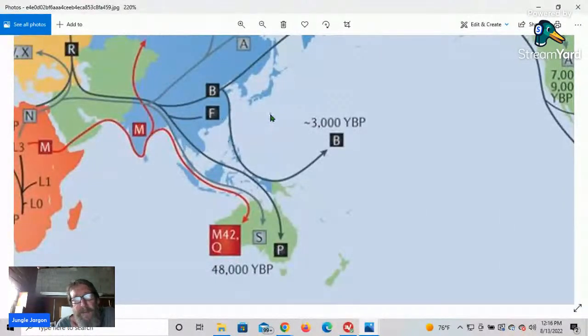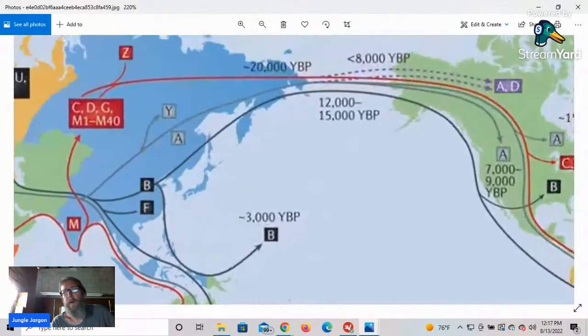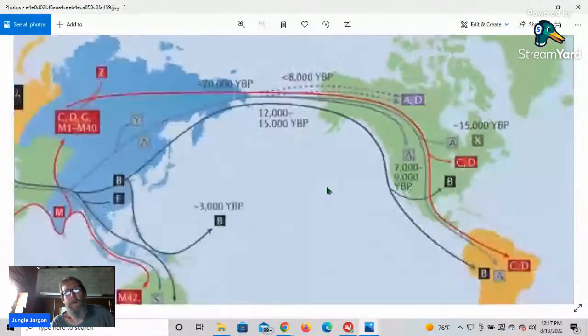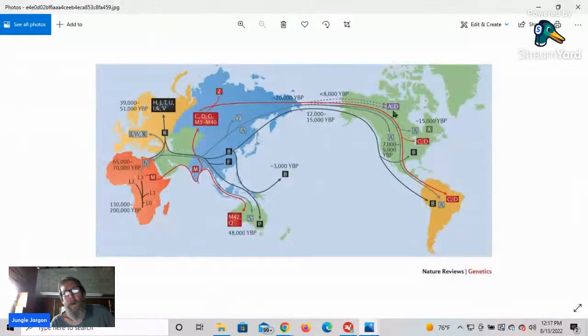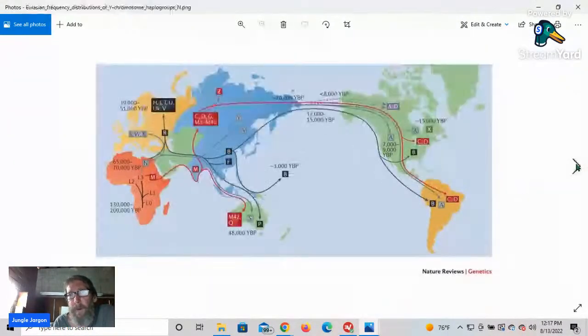The Q paternal haplogroup is not so much in this area, but the maternal lineage is represented here in Australia as S. Okay, so anyway, everything fits. Everything fits very well.